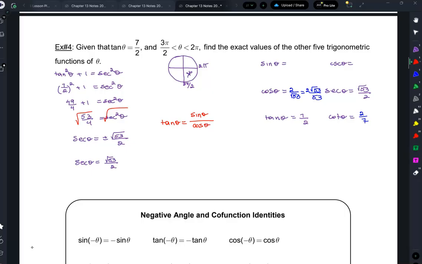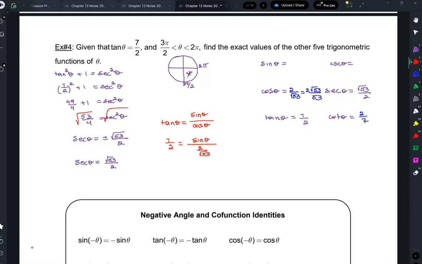Now, let's substitute what we have. We know 7 over 2 is tangent. We don't know what sine is. We know cosine is 2 over root 53.